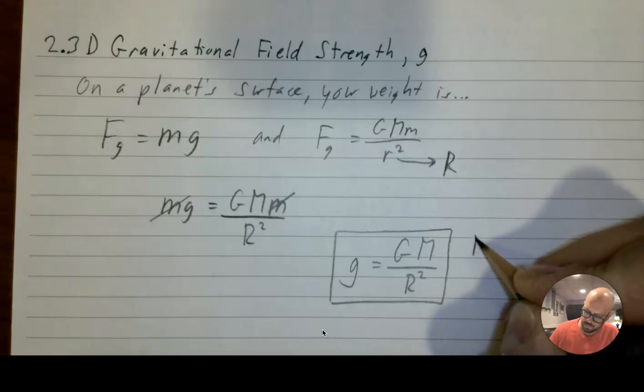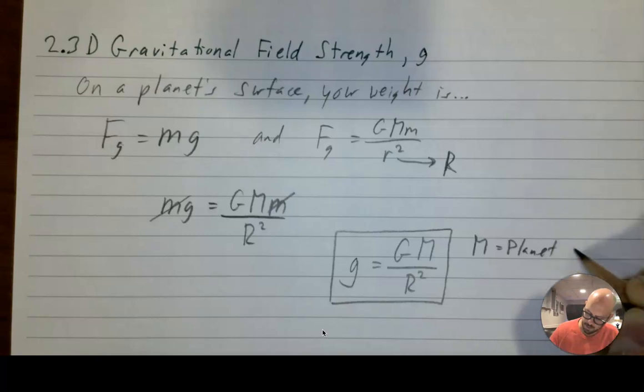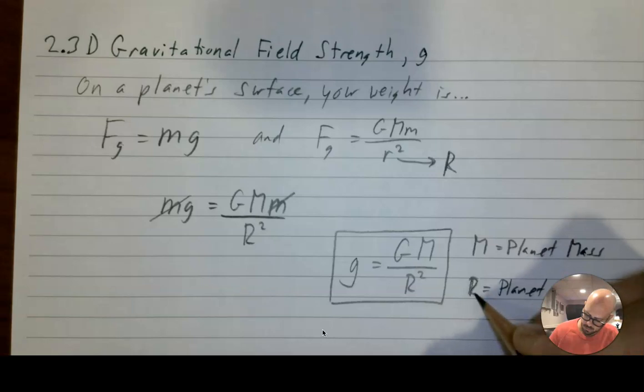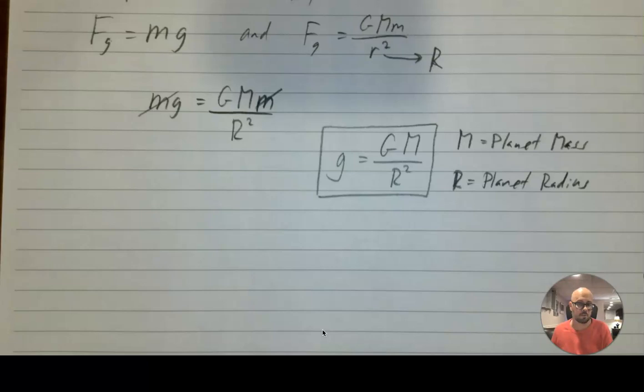So big M is going to be the planet mass, and big R is going to be the planet radius. All I wanted to do was just show you an example of how you would use this. Basically, you're going to use this to compare the gravity strength on different planets.